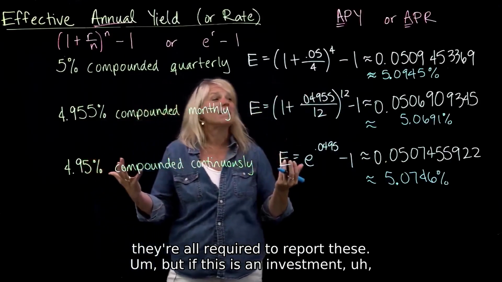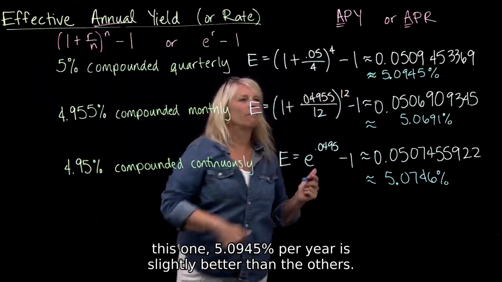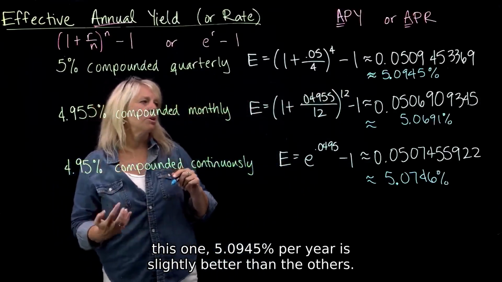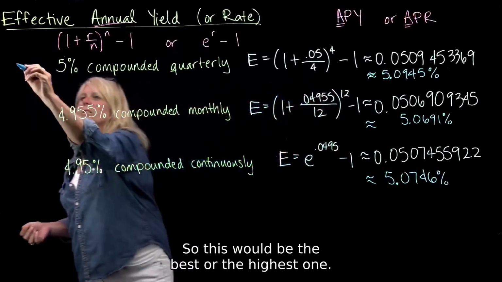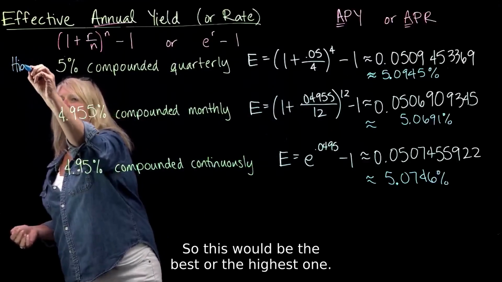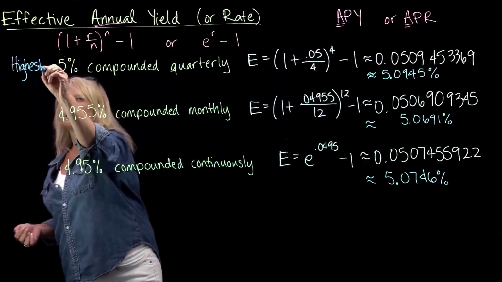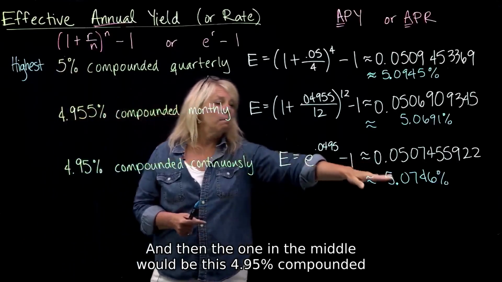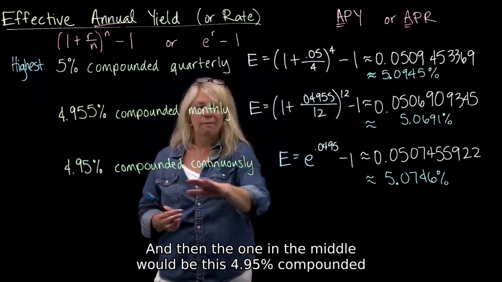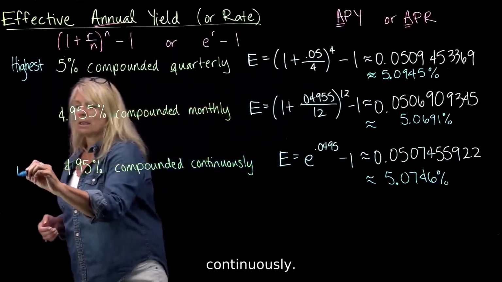But if this is an investment, this one, 5.0945% per year, is slightly better than the others. So this would be the best, or the highest one. The one in the middle would be this 4.95% compounded continuously.